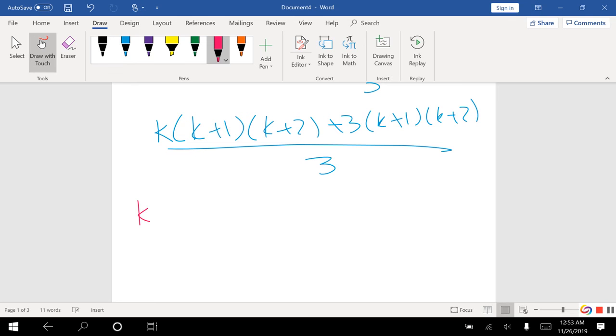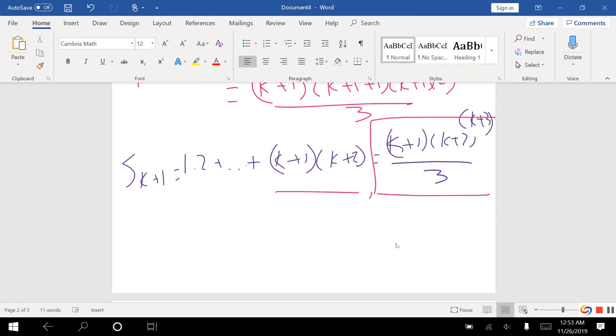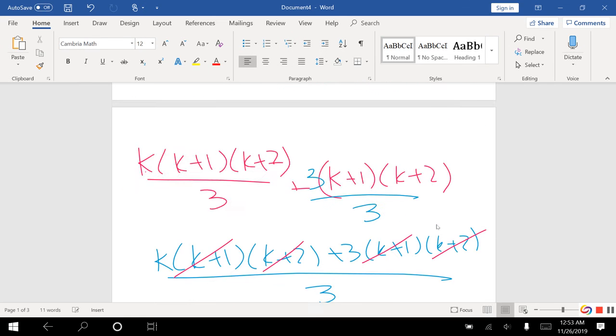Then I'm going to factor. So let's see here. I have a k plus 1. It's gone, gone. And I have a k plus 2. Gone and gone. What do I have left? I have a k plus 3, all over 3. And I just proved it because that is what I said I should get.